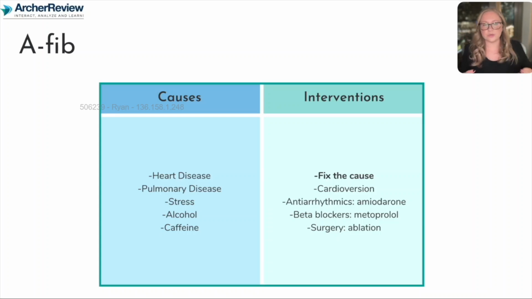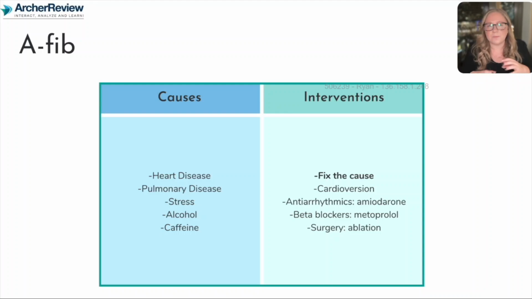Now, interventions we can take to specifically address atrial fibrillation are cardioversion, like we just talked about with A-flutter, antiarrhythmics such as amiodarone, beta blockers such as metoprolol to slow that heart rate, and then we have one additional. We can do something called an ablation. This is a surgical procedure where the surgeon goes into the heart and finds the area causing the dysrhythmia.